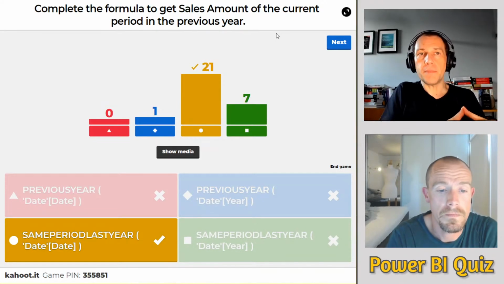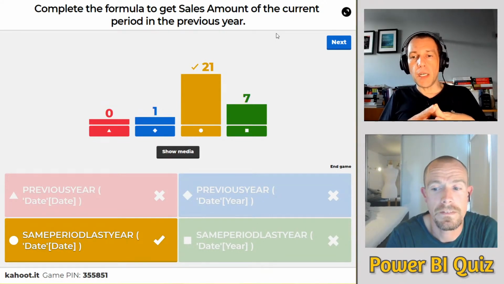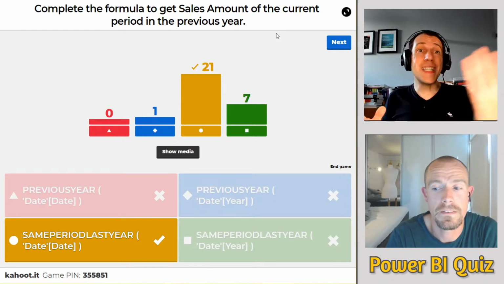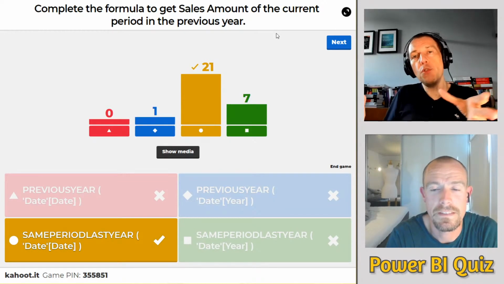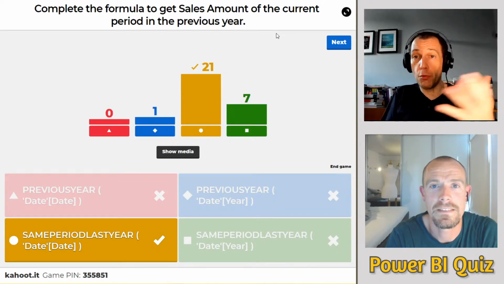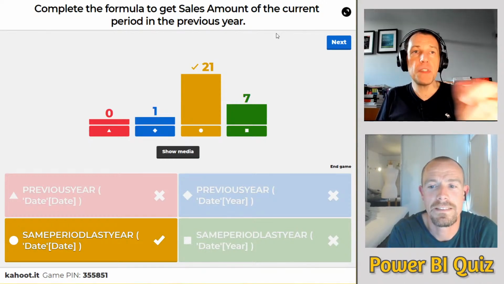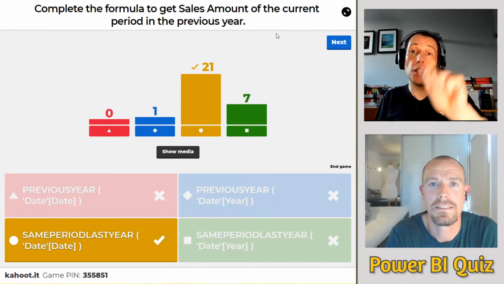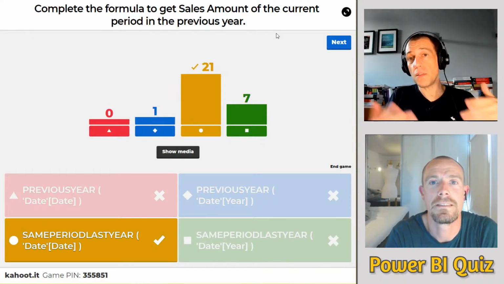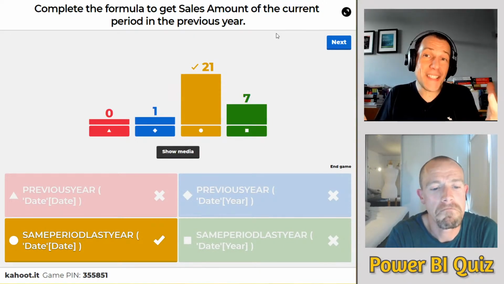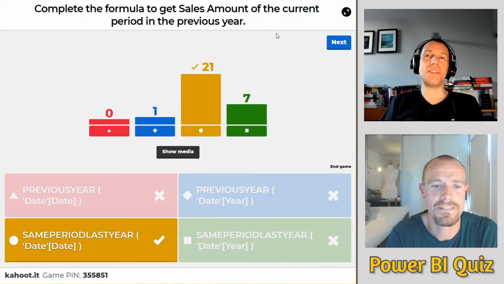Now, PREVIOUSYEAR is a valid DAX function, but PREVIOUSYEAR always provides you the entire year. So if you are selecting 1 month or 1 quarter, the result of PREVIOUSYEAR is the total of the previous year, not just the same quarter in the previous year. Okay, so this is just an easy question about time intelligence in DAX.